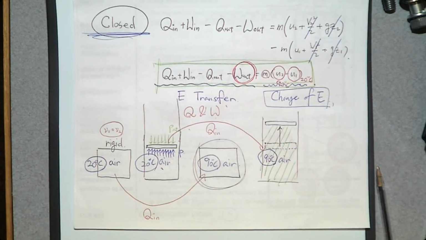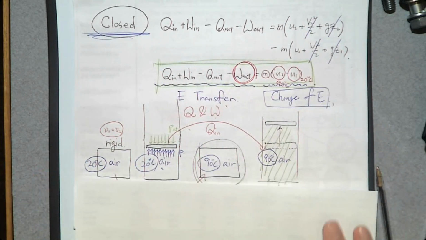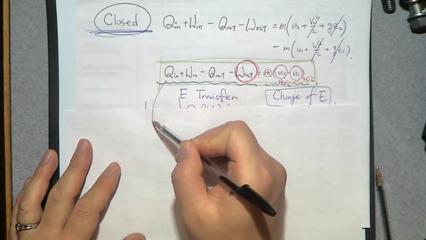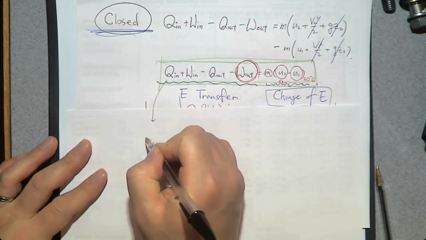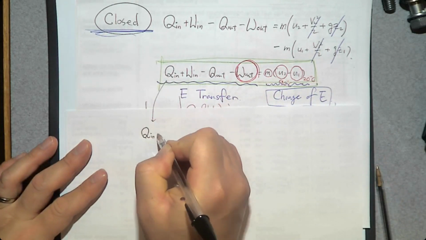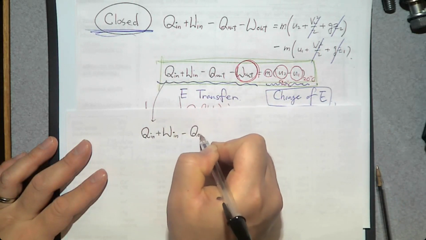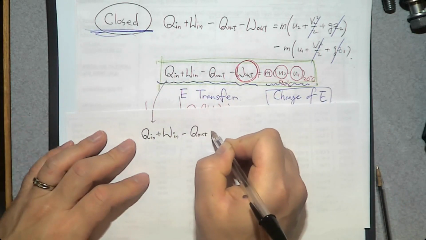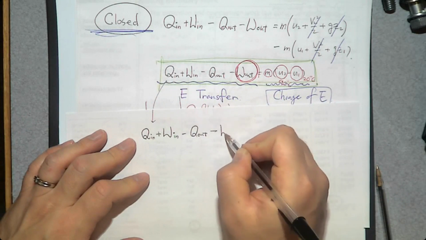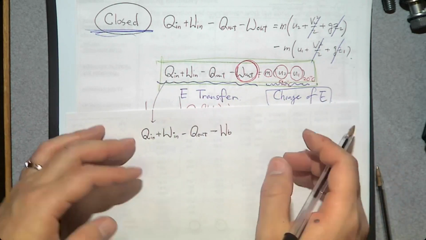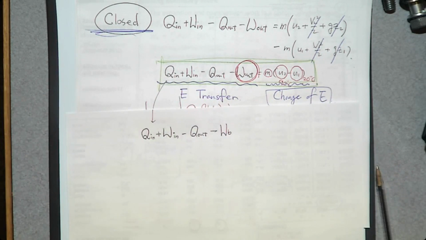Then this equation should be rewritten as Q in plus W in minus Q out. Now this time minus WB, moving boundary work done by the system to the surroundings, because the system is pushing the piston away, right?